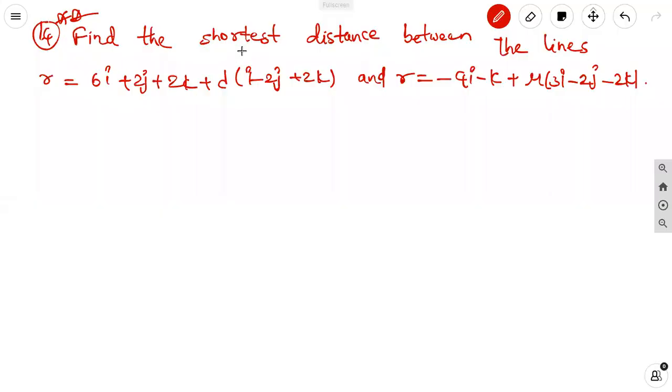Fourteenth one, find the shortest distance. The shortest distance is an important problem. It is very, very important for our higher education also.